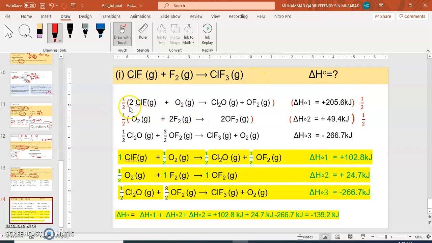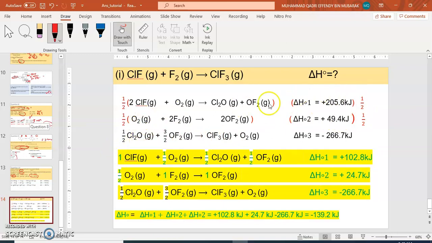In order to convert it to 1 mole, we need to multiply everything by 1/2. And the same goes for fluorine gas: we have 2 moles, so to have 1 mole, we multiply by 1/2. For ClF3, we have 1 mole of chlorine trifluoride, so we don't need to change anything.